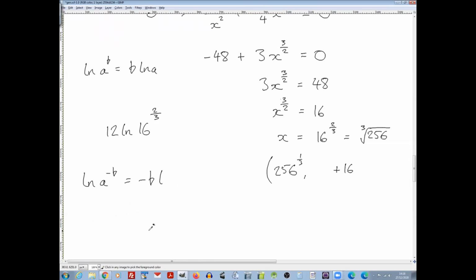Right. Okay. Anyway, so if we apply that here, it's nice, isn't it? If we apply that to this, what do we get? We get 8 ln 16. Yes.